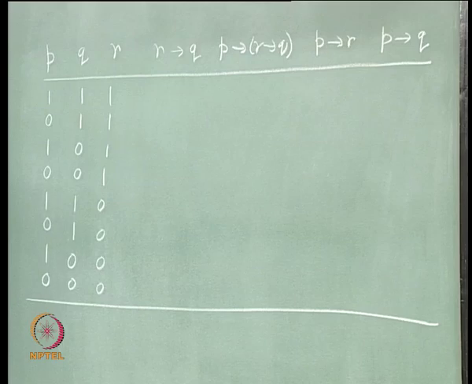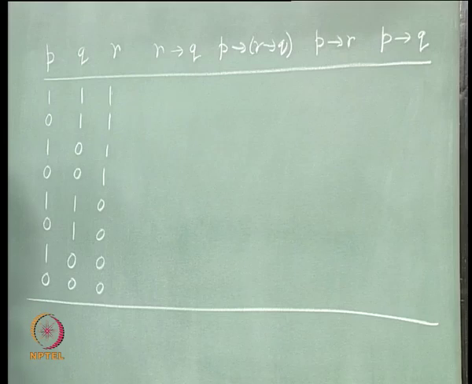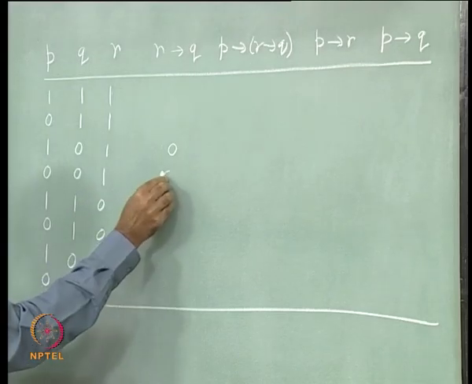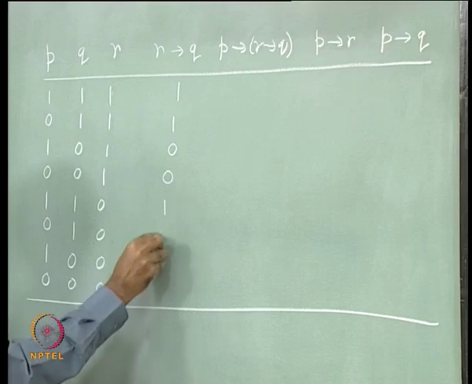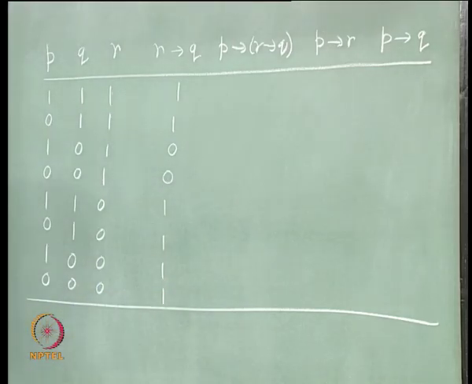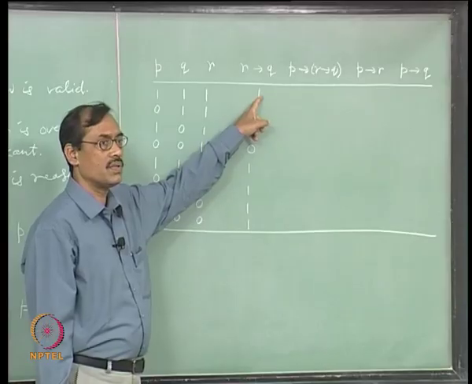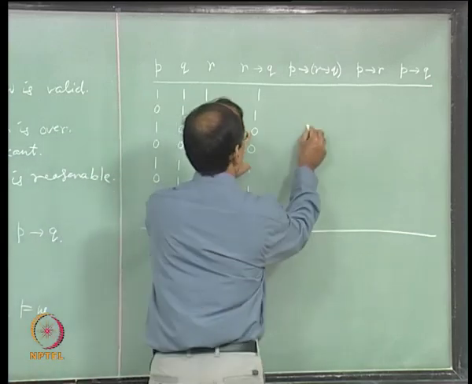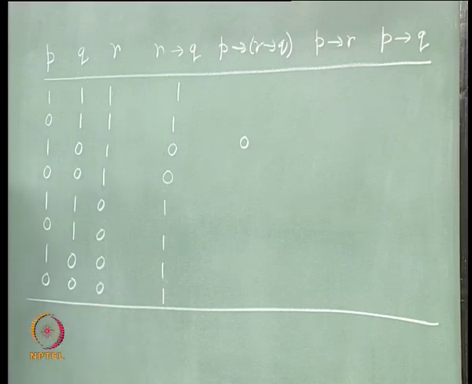Now, you have to evaluate all these connectives. So, R implies Q becomes 0 only when R is 1, Q is 0. So, this case it will be 0, this case also it is 0, nowhere else. Okay. Next we go for P implies (R implies Q). So, that will be 0 when P is 1 and R implies Q is 0. So, this case. All others are 1.